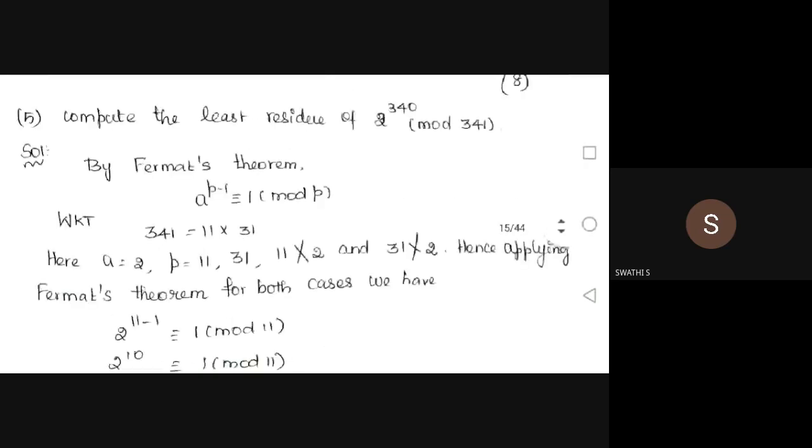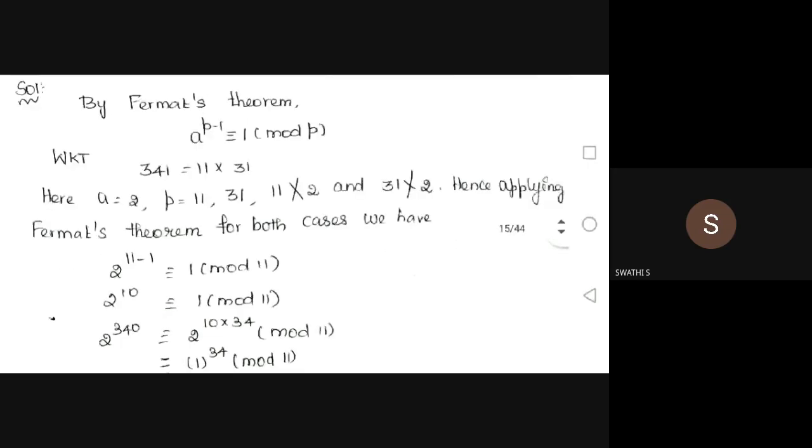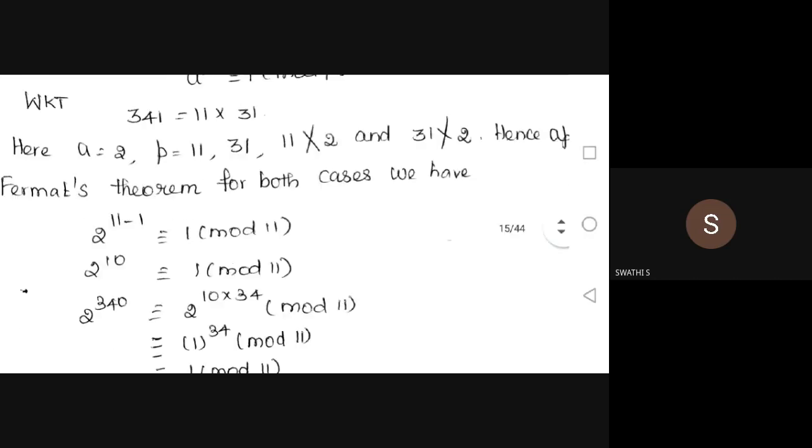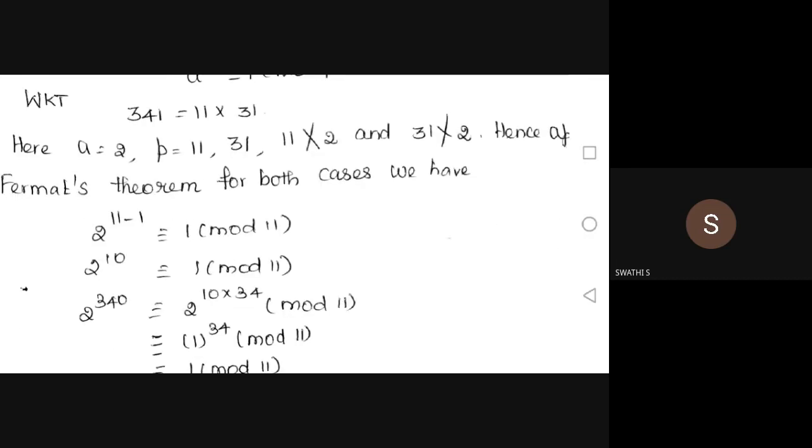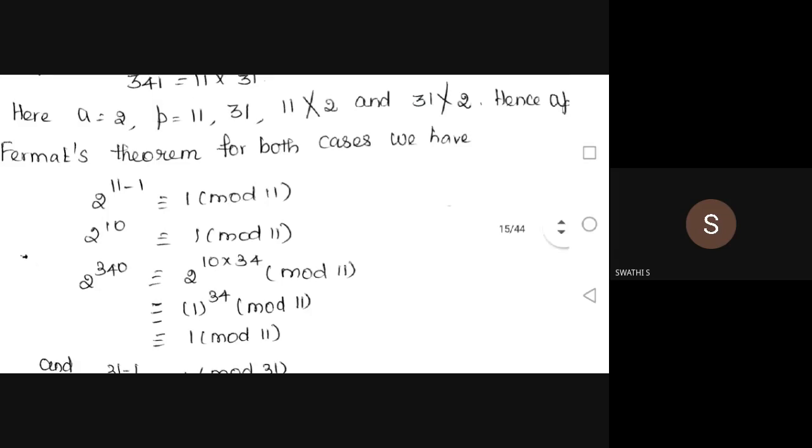In the question, we need the least residue of 2 power 340. 2 power 340 can be written as 2 power 10 into 34, which is 2 power 10 the whole power 34. But 2 power 10 is congruent to 1, so 1 power 34 is 1. So 2 power 340 is congruent to 1 under mod 11.